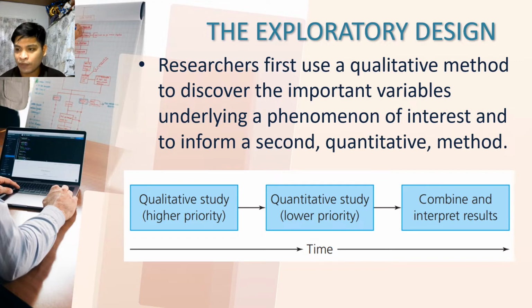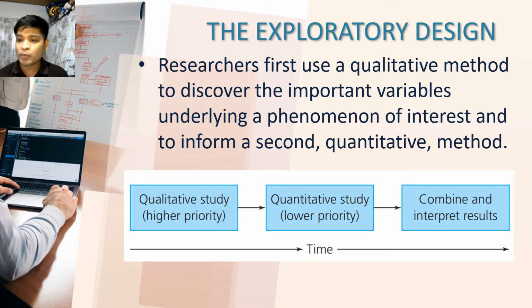This style of design is frequently applied when creating surveys or rating scales intended to assess a variety of interesting topics. The results from the qualitative phase inform the quantitative method in the exploratory design, and the quantitative findings are utilized to support or build upon the qualitative findings.